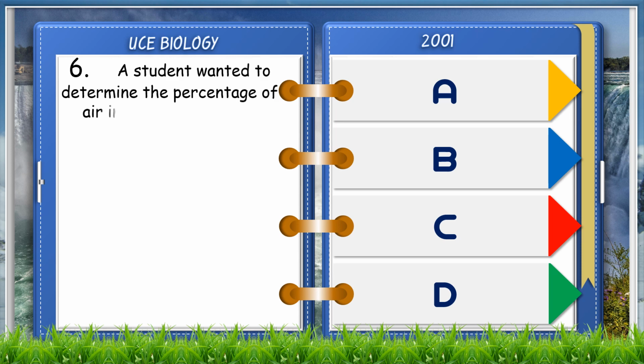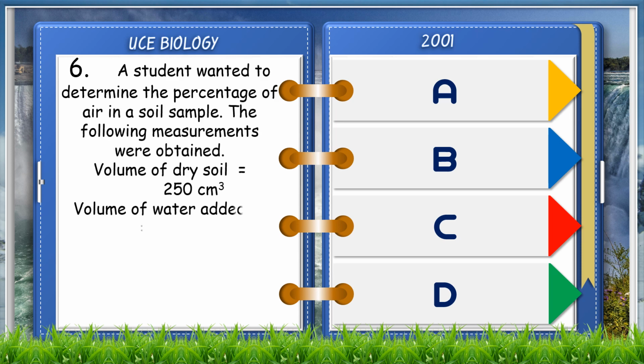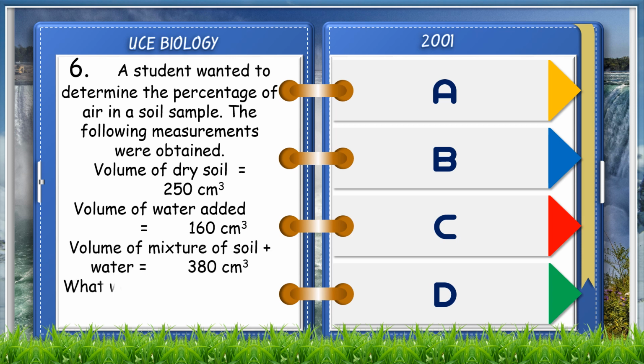A student wanted to determine the percentage of air in a soil sample. The following measurements were obtained. Volume of dry soil was equal to 250 cubic centimeters. Volume of water added was equal to 160 cubic centimeters. And the volume of the mixture of soil plus water was equal to 380 cubic centimeters.